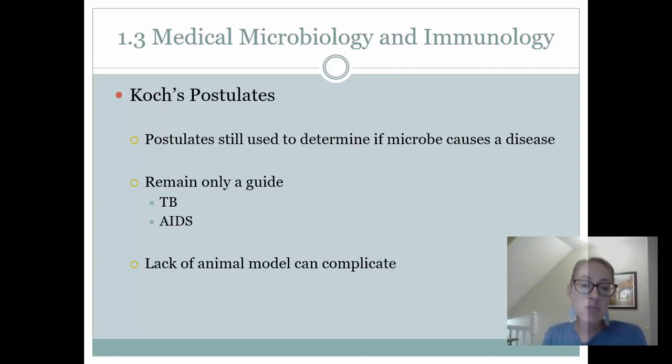With HIV, that's a virus that is strictly infective to humans. We can't infect rabbits or mice or even apes with HIV. And so it's just not ethical for us to try and fulfill Koch's postulates with that particular instance. So there are several times where we are unable to fulfill them exactly, but they're still a very important guideline even today.